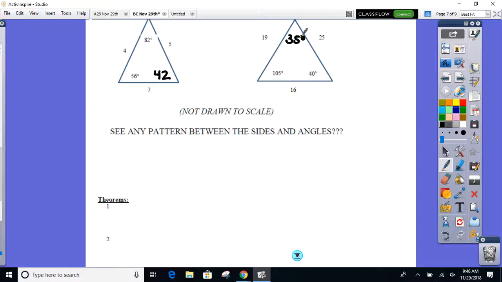All right, so I want you to look at both triangles, look at the angles and the sides, and see if you can see any pattern or relationship between the sides and the angles.